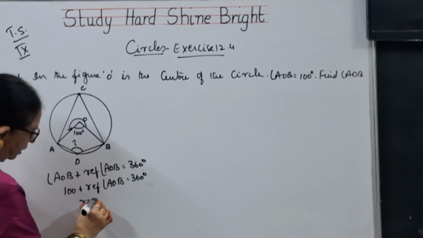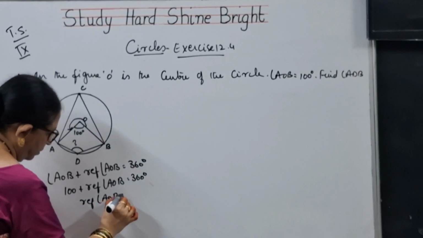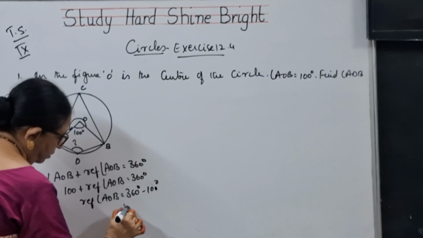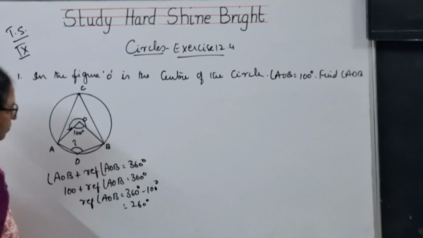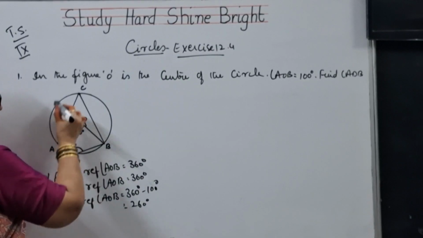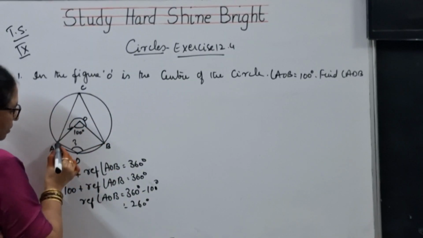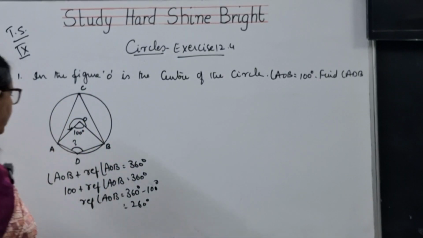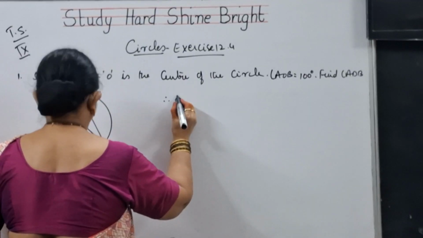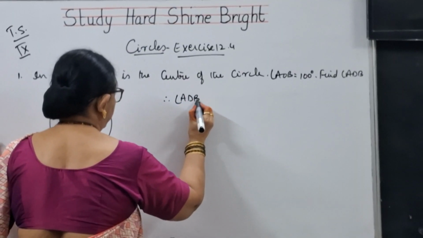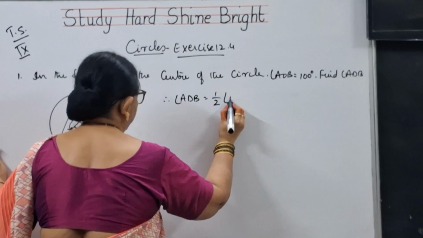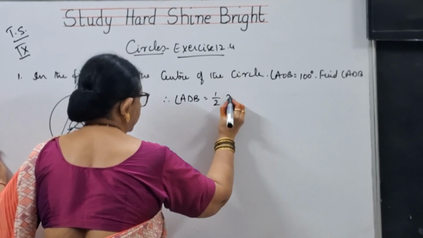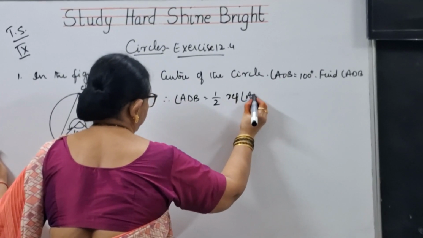So what is reflex angle AOB? 360 degrees minus 100 degrees, 260 degrees. So this is angle made by the major arc at the center. This is angle made by the same major arc on the other side of the circle. Therefore, angle ADB is equal to half of reflex angle AOB.